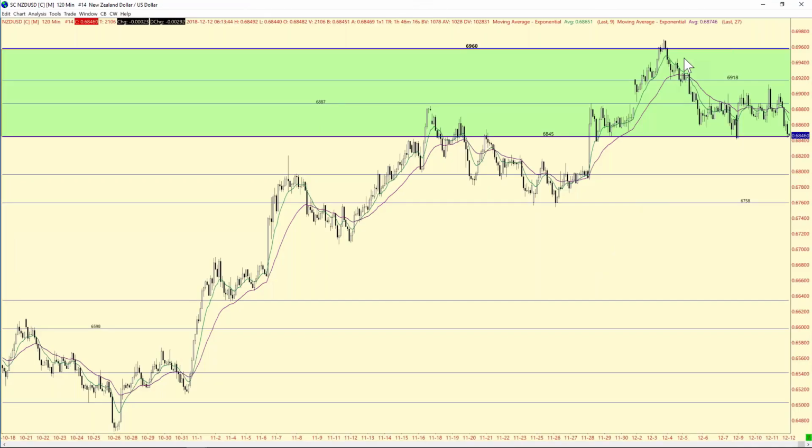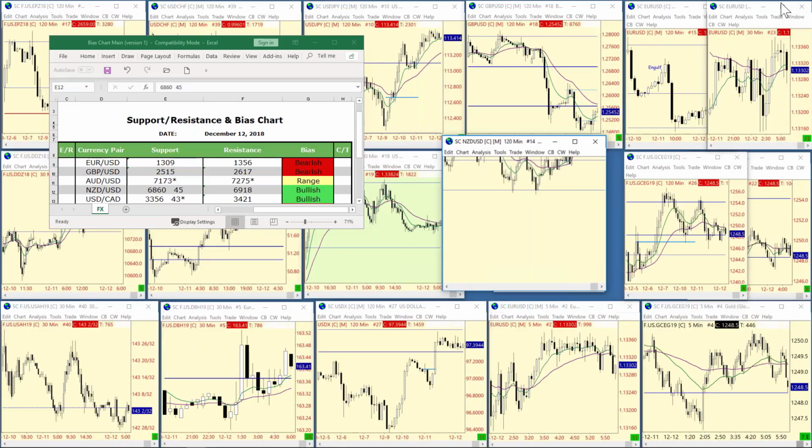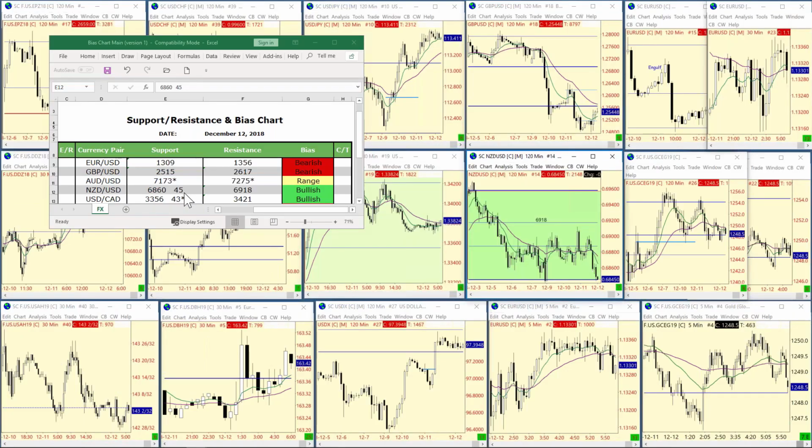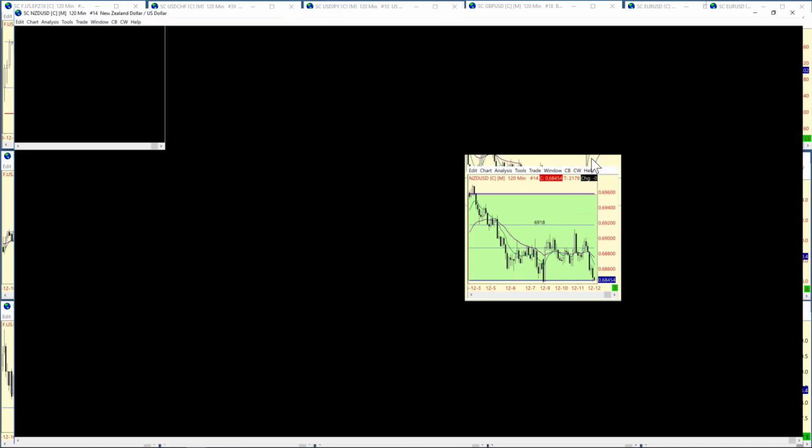And looking here with the Kiwi, we had the 68.60 and 68.45 being key on the daily. We're certainly finally starting to push lower. And this is pretty important here on the daily, the 68.45.